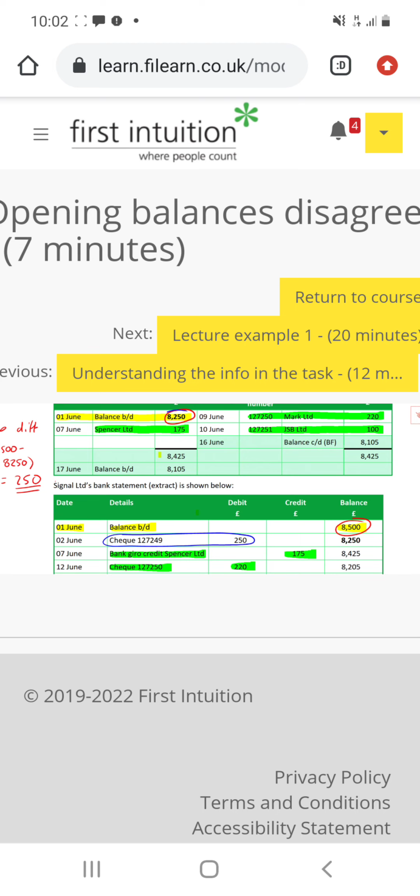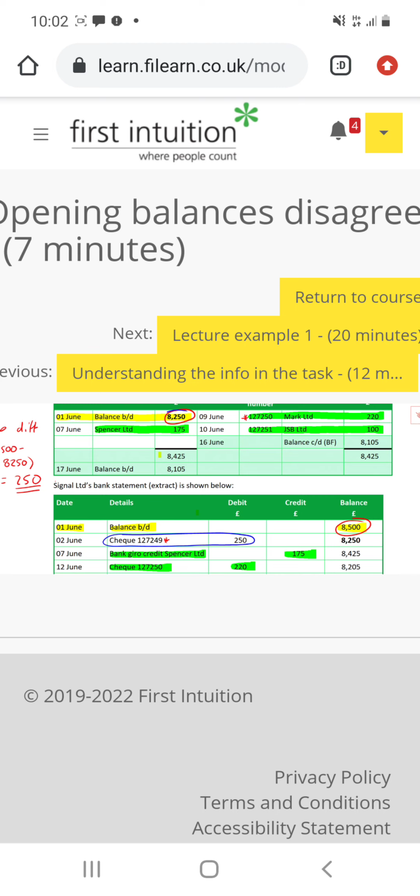Now, looking at the check numbers, the first check we appear to have written this period is 127250. Looking at the check number here, 127249, it looks like this has been written prior to that check to Mark Limited. So basically what has happened is that check 127249 will have been written in May.